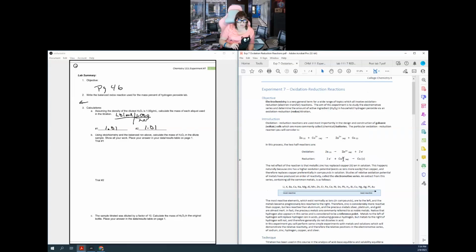We know that that is what was measured in the lab. Now, using stoichiometry and the balanced reaction above, calculate the mass of H2O2 in the dilute sample. Show all of your work. Now, this is going to be based on the stoichiometry for what we did. Remember that was a 0.198 molar MnO4 minus. We used 19.7 milliliters. We have to convert that to liters.